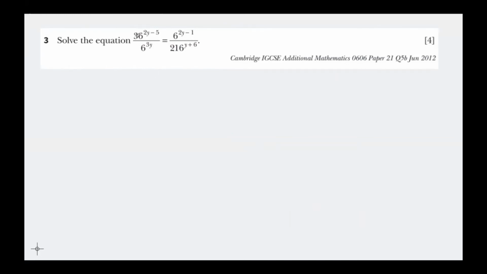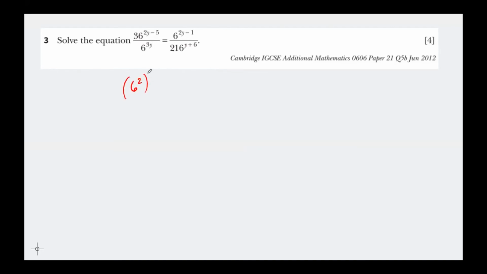They actually divide 36 and 6, which is not possible. When you're dealing with indices, you have to make sure that the bases are the same, right? So that means 36 is just a multiple of 6, right? So that can give us 6 to the power of 2.